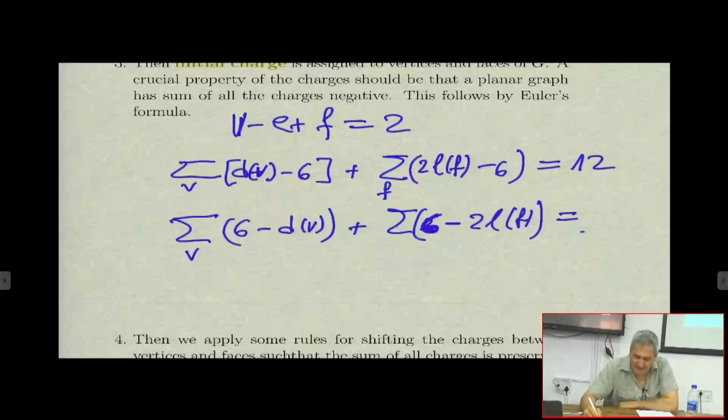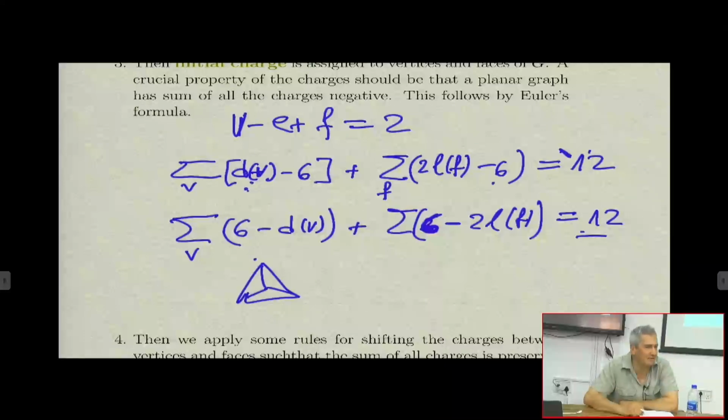Okay, let's do the first minus 12 and the second plus 12. You can easily check if you're not sure. Take K4, and if you put everywhere 3, here will be everywhere 0, 3 minus 3, and for 4 vertices it must be minus 12, yes. And this is 12.